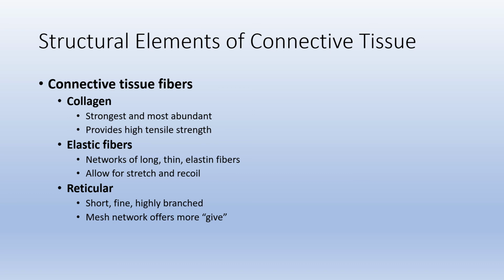They provide for tensile strength. Elastic fibers, if you think of a rubber band or an elastic hairband, these types of fibers allow for stretch and recoil, or stretching and returning back to its resting length. And lastly, reticular are very short or fine, and they offer a mesh network and they provide for give, kind of like a pillow.